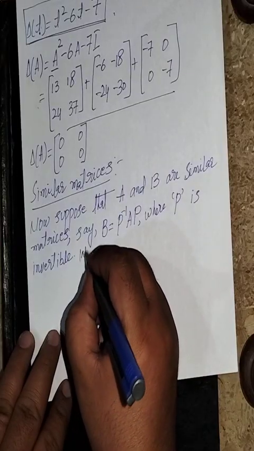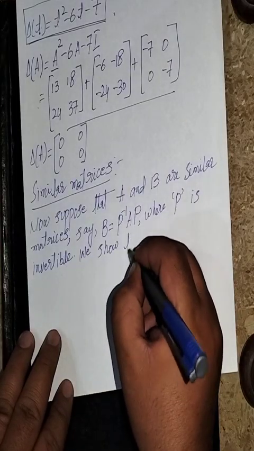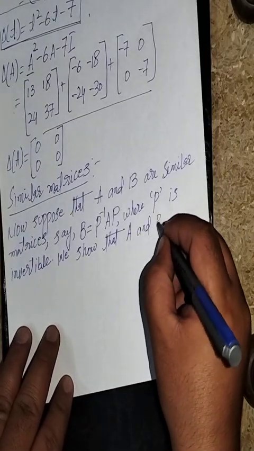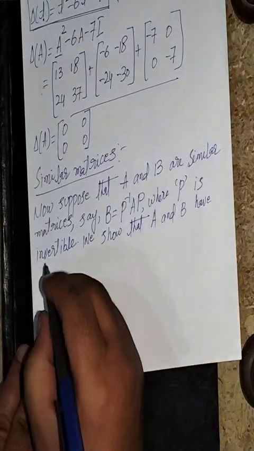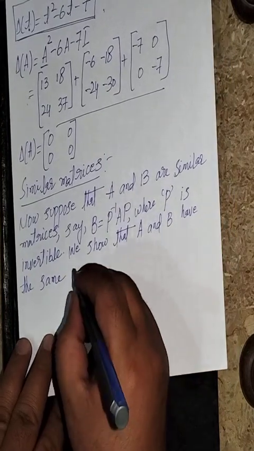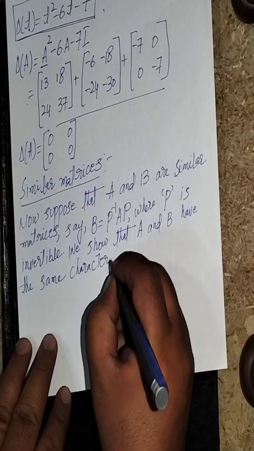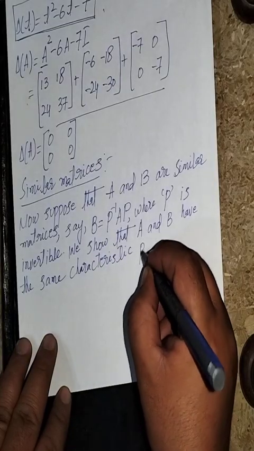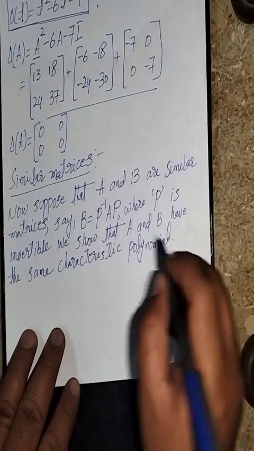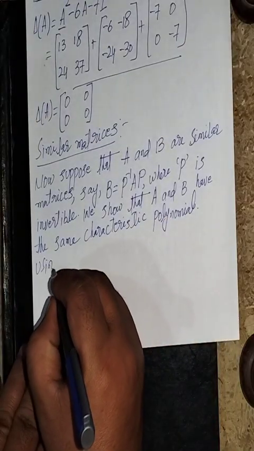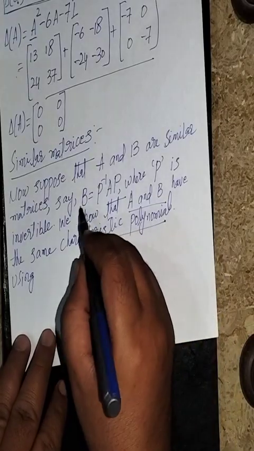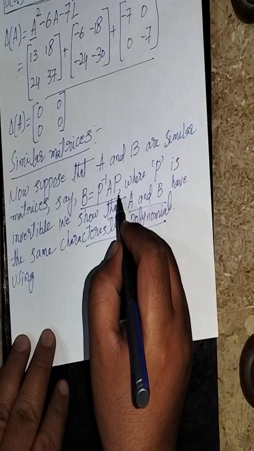We show that A and B have the same characteristic polynomial if these two matrices are similar, holding this expression.